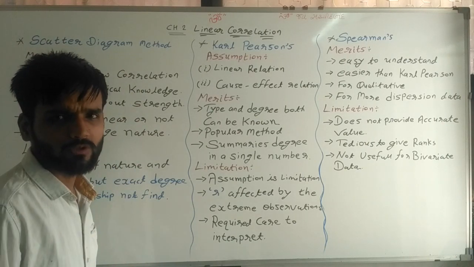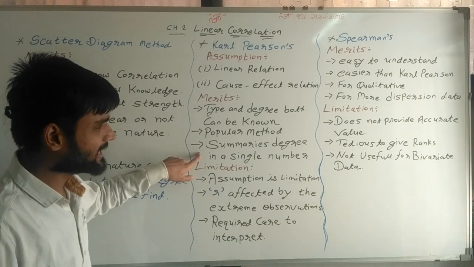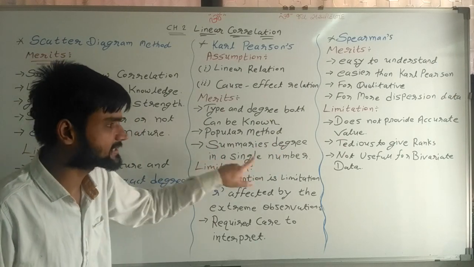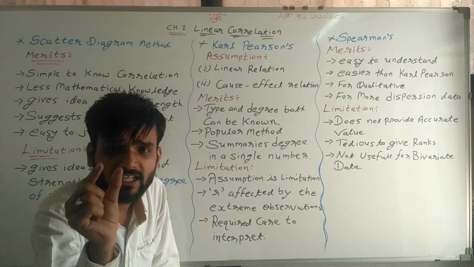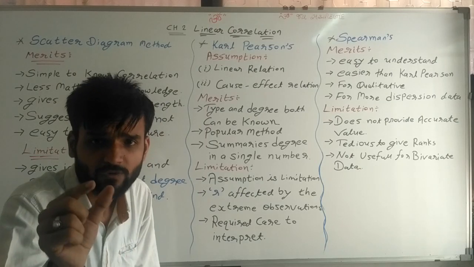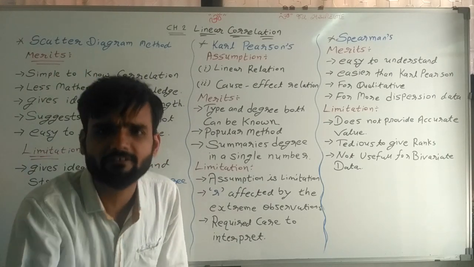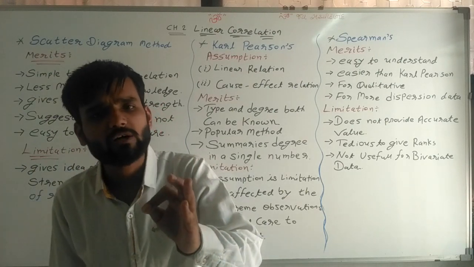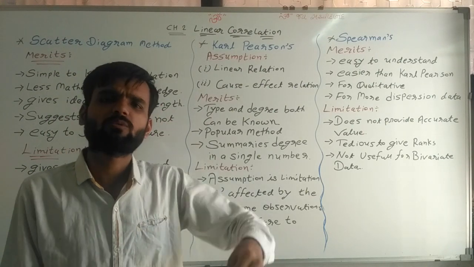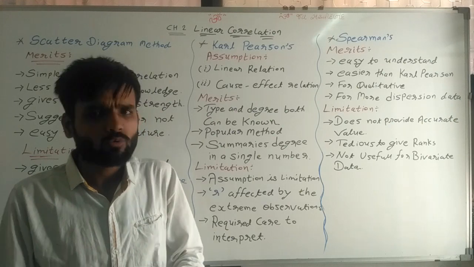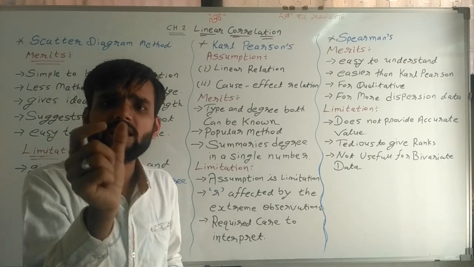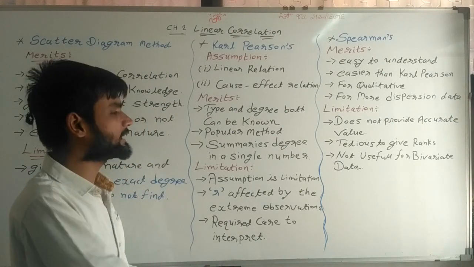Now third one, summarizing degree in a single number. We are getting the answer in a number like 0.75, 0.85, 0.99, 1, -1, -0.70, whatever. So it is measured in a single number. Perfect value we can find.